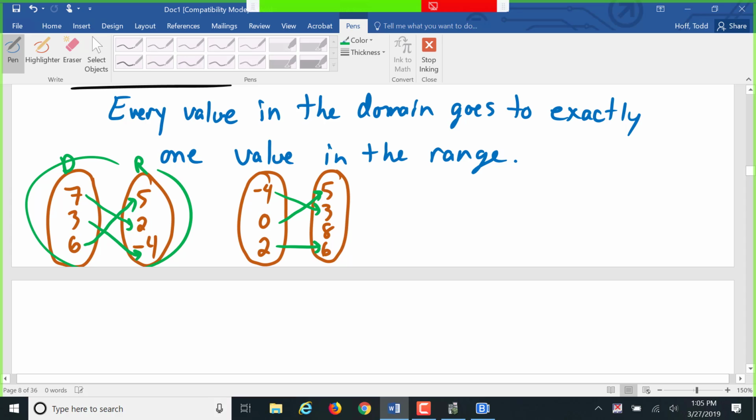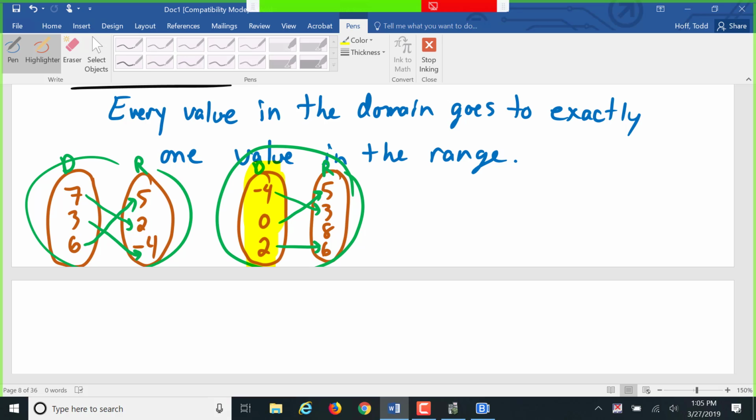Is this a function? It is. Every value in the domain, every one of these values here in the domain, goes to exactly one value in the range. It doesn't say anything about the range values getting exactly one value. The 8 here doesn't get a value from the domain, but it doesn't matter. It's only the values of the domain.